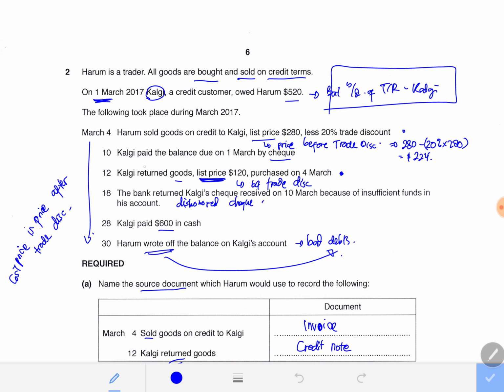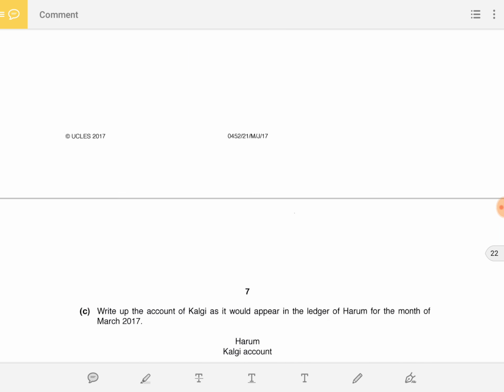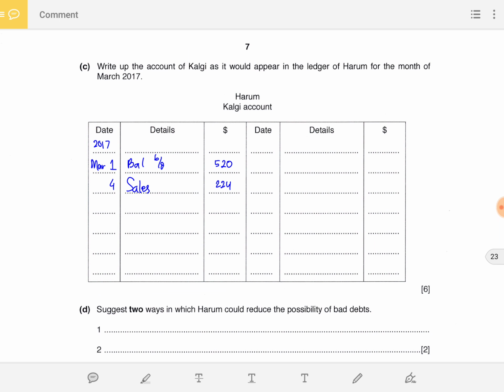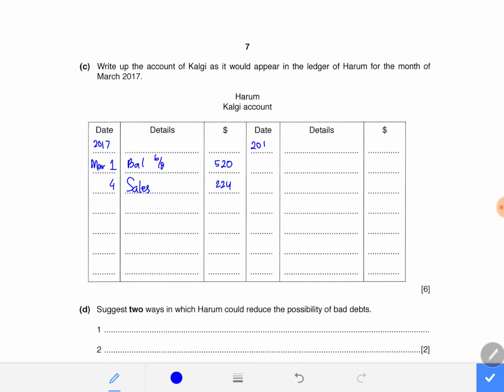Next, March 10, Kalgi paid the balance due on 1st of March by check. The balance on 1st of March is 520, so this is the amount that Kalgi paid to Harum. By check means we record that as bank. If Kalgi paid Harum, the amount of Kalgi's account will be reduced, so you have to put it on the credit side.